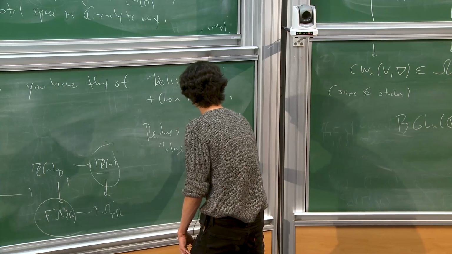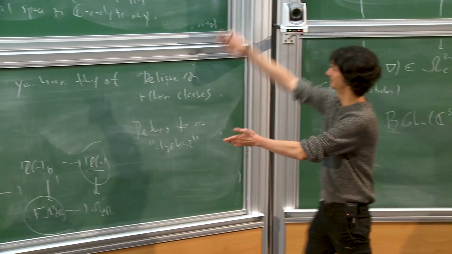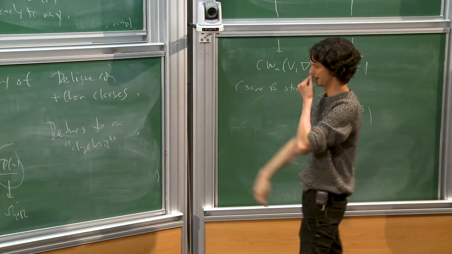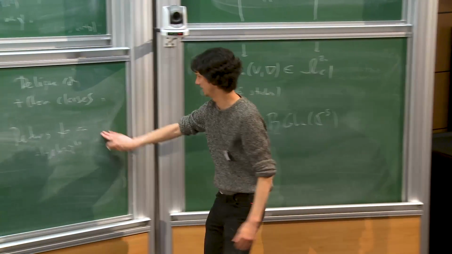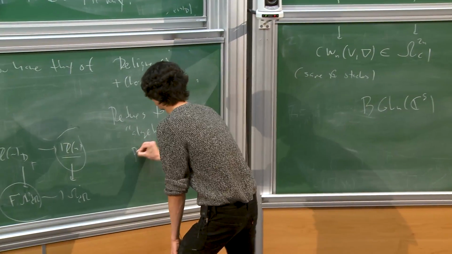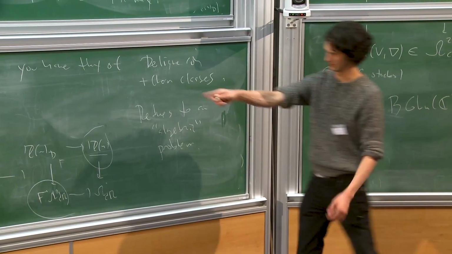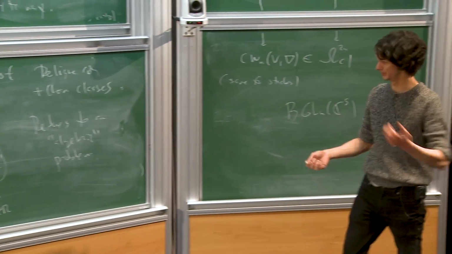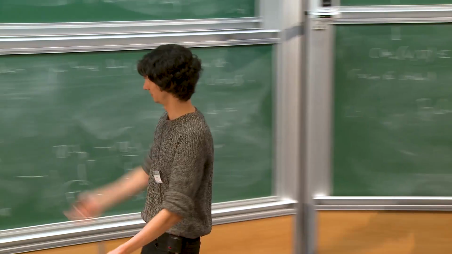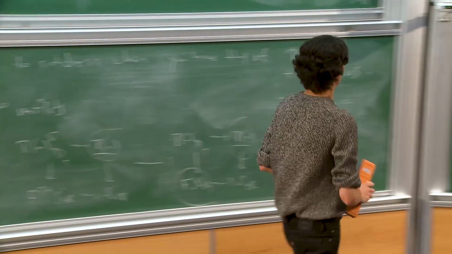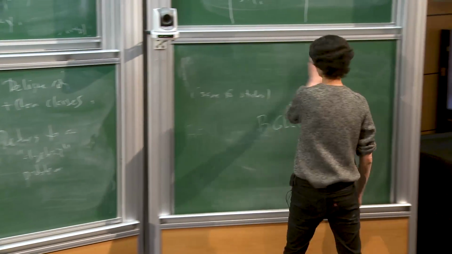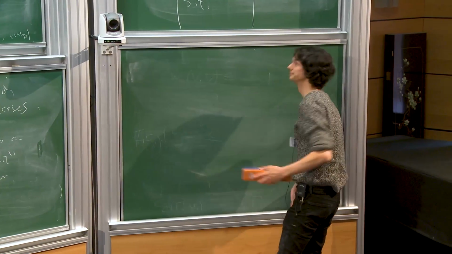I'll put algebraic in quotation marks because you need to be doing algebra over a C-infinity manifold, but it's in essence a purely algebraic problem. As long as you're doing algebra in some context where tensor products are completed tensor products and so on, which is what we built. So let me now give the key to doing this lifting.